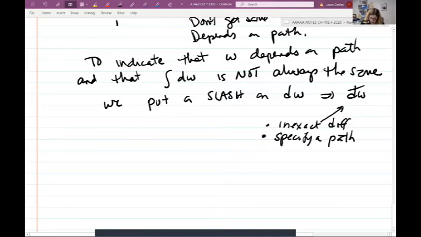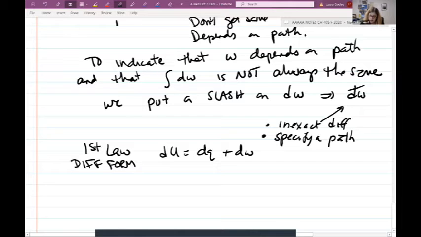So really the first law in differential form should be dU equals dq plus dw, with these little slashes. I have to tell you that I don't always use the slash.